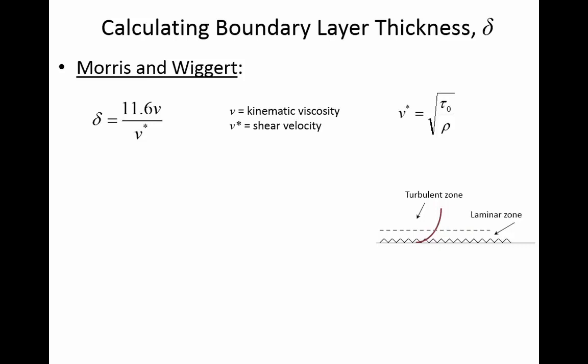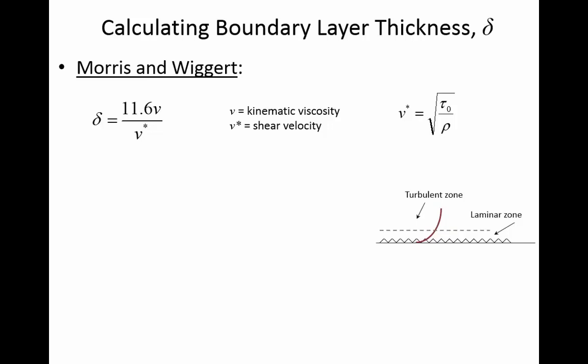There is a criterion called the Morrison-Wigert criteria, and it's a way of calculating how thick the boundary layer is. Here's the formula for it. It's an empirical formula that says you take the shear velocity and the kinematic viscosity of the fluid. You can look up kinematic viscosity in the back of your book.